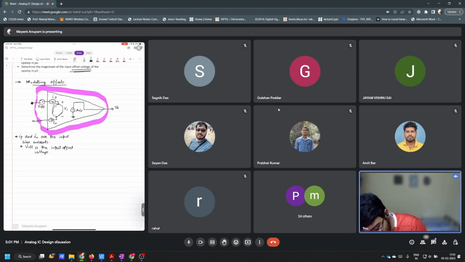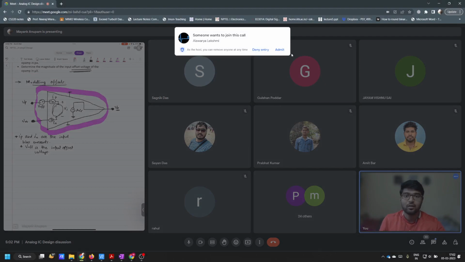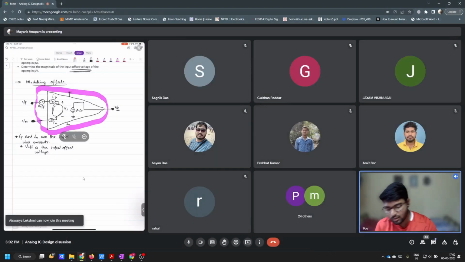This is one terminal, this is another terminal, and this is another terminal. Only these three are accessible to you. This is VP, this is VN, and this is your V out. You also have some power supply here, but let's forget about that. So only these three terminals are accessible to you.